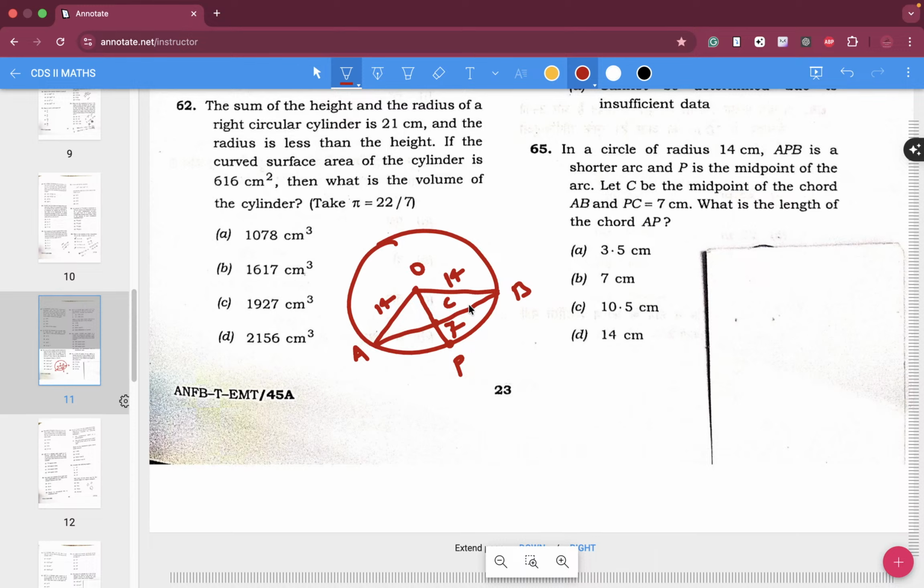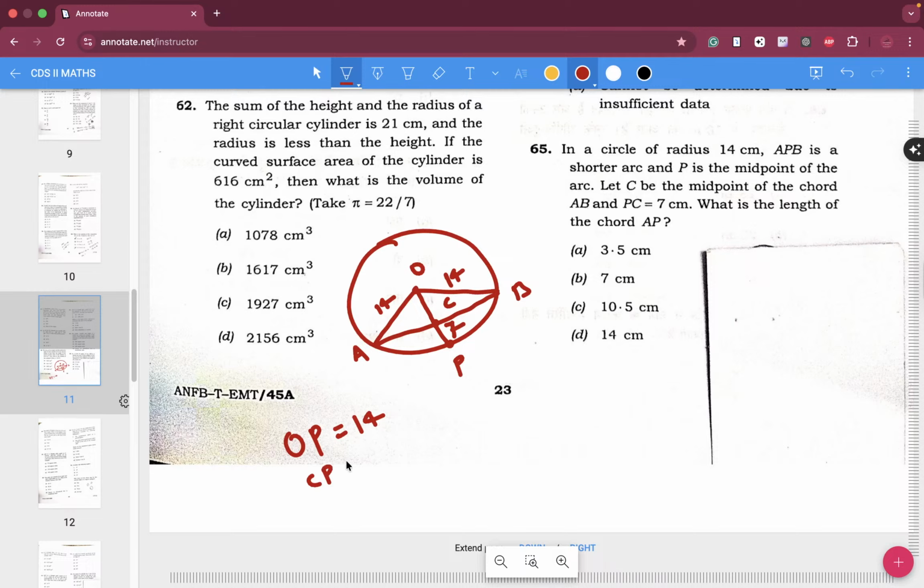So now let's look at this. AB is your chord in a circle of 14 centimeter. So you know OP is equal to 14, because it's a radius.